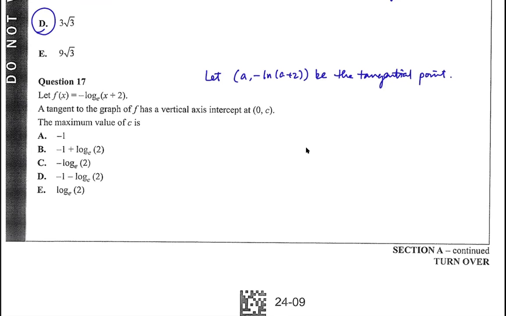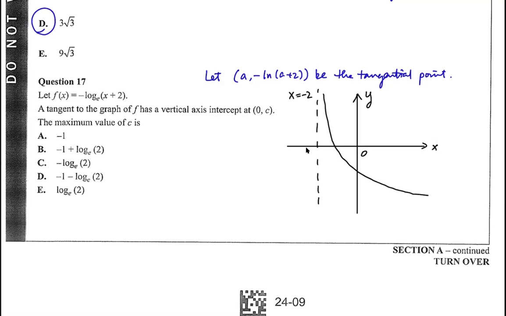You can actually do a rough sketch here. Here is your only vertical asymptote x equals minus 2, and it should look like that.